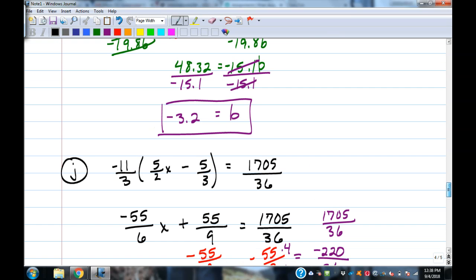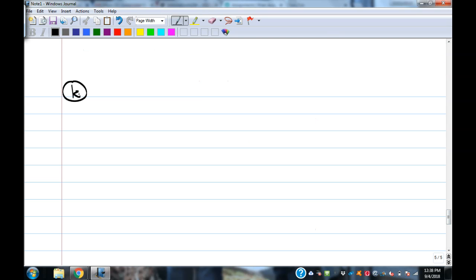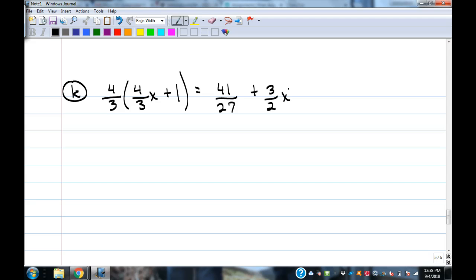So let's just do one more. I'm going to skip all the way to the last one here. The very last one: 4/3 times (x plus 1) equals 41 over 27 plus 3 over 2 x. So this one mixes together fractions, and it's got an integer in it because of the 1 there, and that's going to help us.